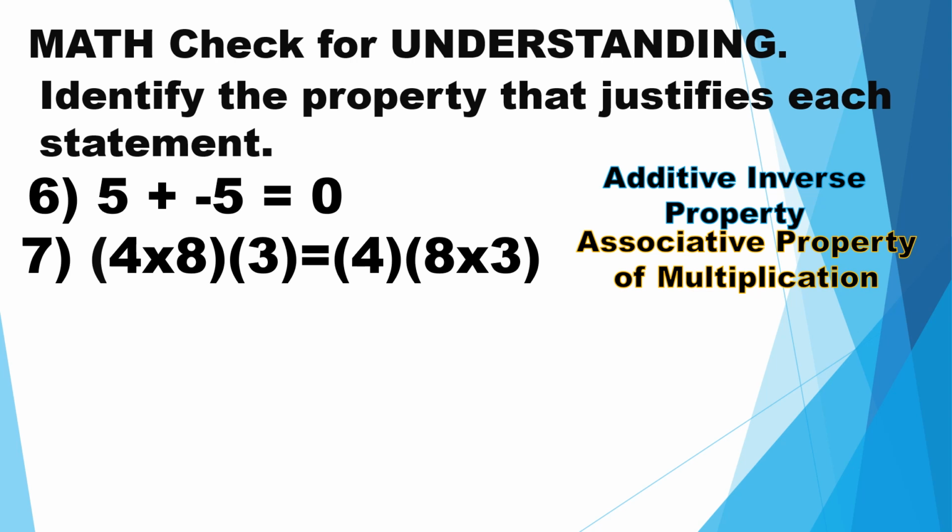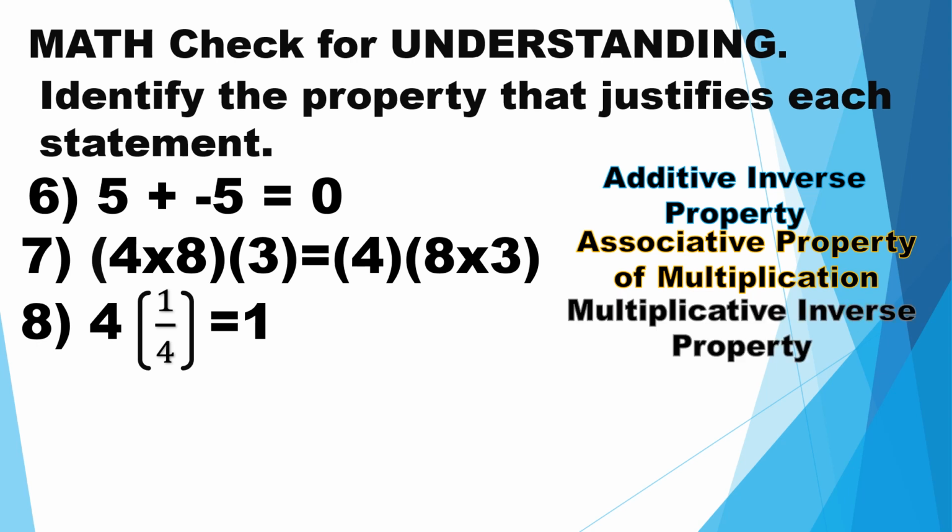That is associative property of multiplication. Number 8, 4 times 1/4 is equal to 1. That is multiplicative inverse property. Number 9, negative 4 plus positive 6 is equal to positive 2.